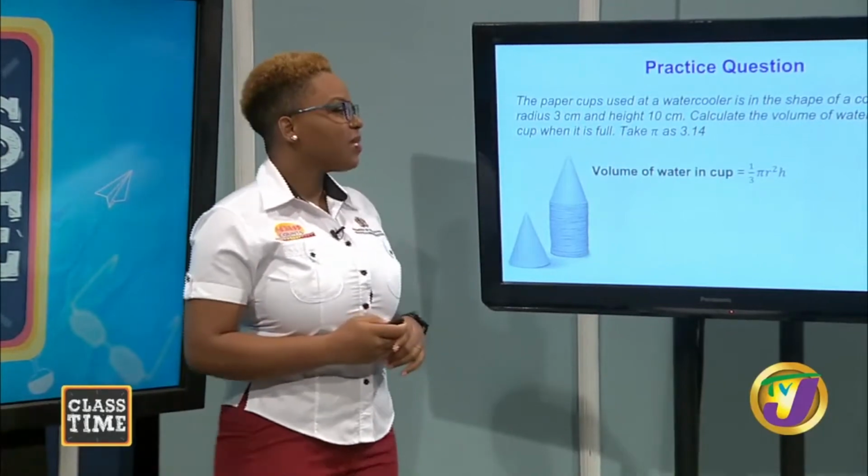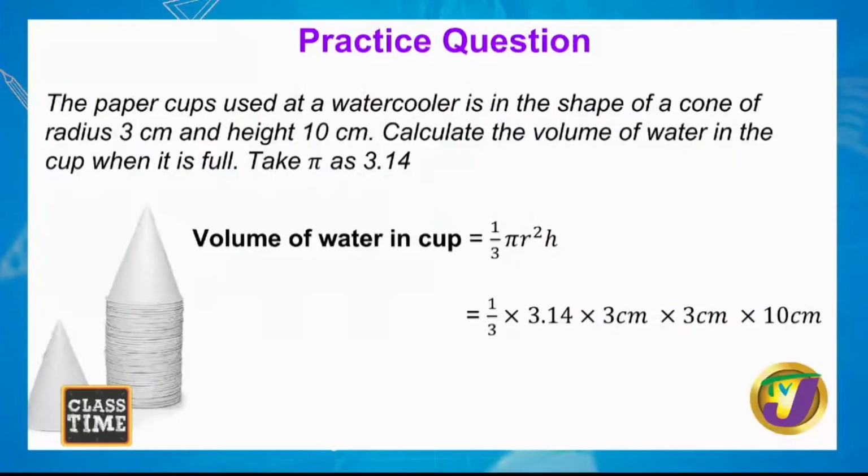From here it's pretty much substituting: pi is 3.14, the radius is 3 centimeters, and the perpendicular height is 10 centimeters. And remember, it's radius squared. Students, make sure you pay attention to that.